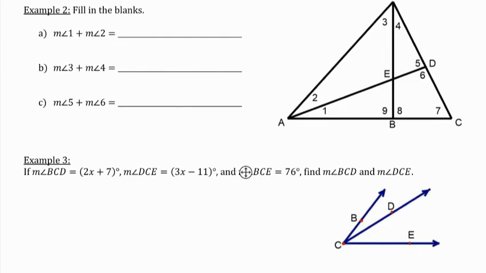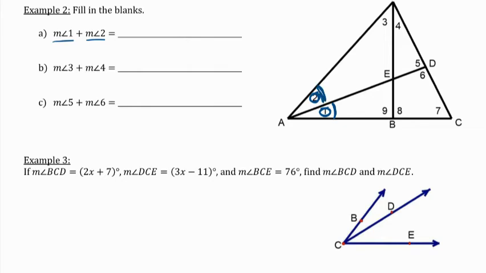Okay, so on our first one here, we don't have any measurements, we're just going to help us practice naming our angles too. So I want to do the measure of angle 1 plus the measure of angle 2, right? So here's angle 1 and here is angle 2. I'm looking at this angle plus this angle, right?